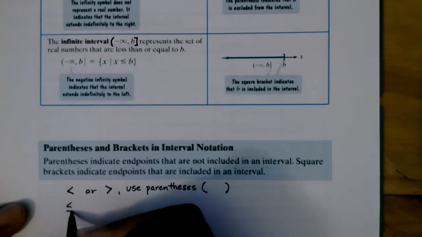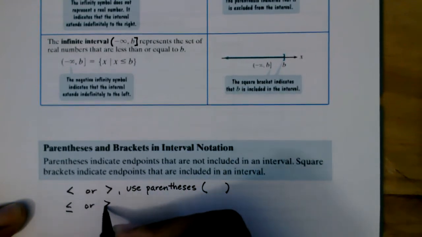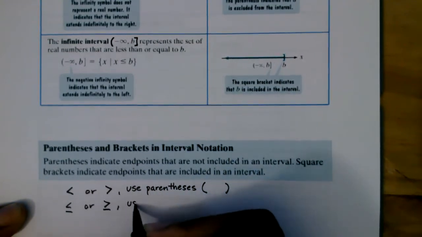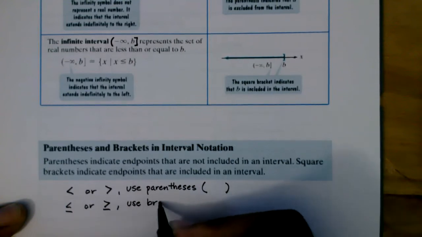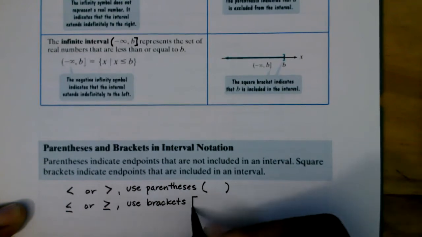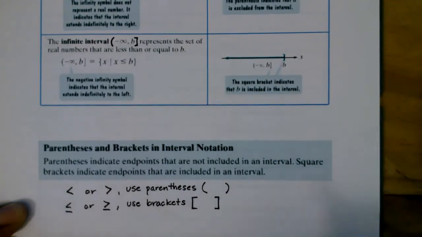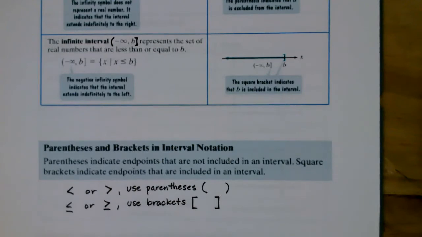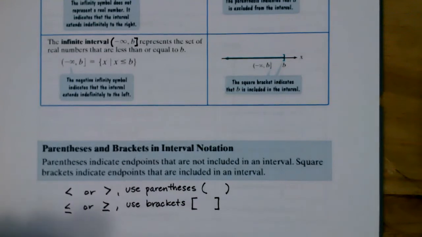So for less than or equal to, or greater than or equal to, we use brackets. That's probably the best way to put it, okay? So anytime you have less than or greater than, we just use the parentheses, or less than or equal to or greater than or equal to, we use brackets.